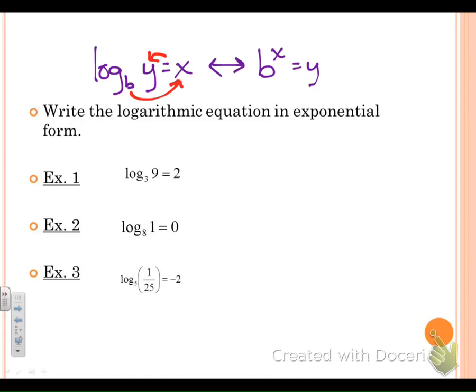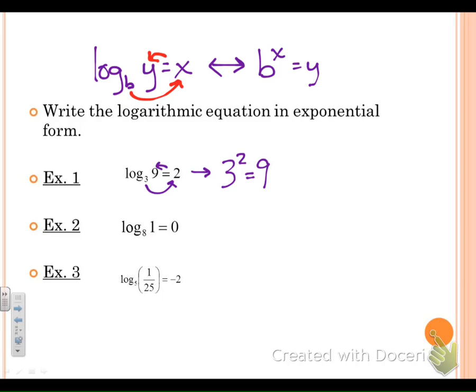So log base 3 of 9 will be rewritten as base 3 to the second power equals 9. And notice how this makes sense to us, like 3 squared is 9.